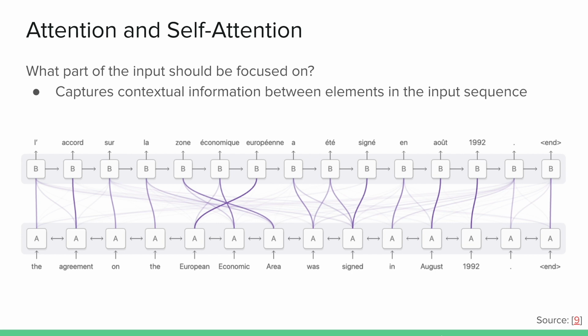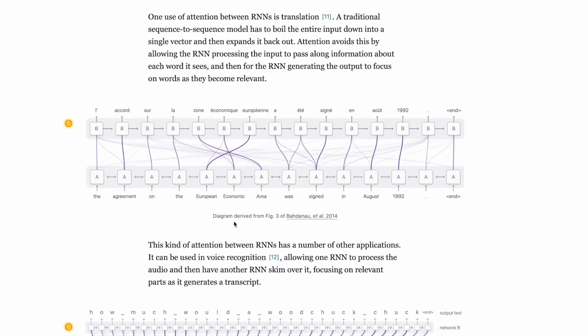And here's a really nice figure that I actually want to bring up on the interactive website. So we're now on this wonderful website that has an animation of a learned attention. And what we're seeing here is that it learned to translate French to English.